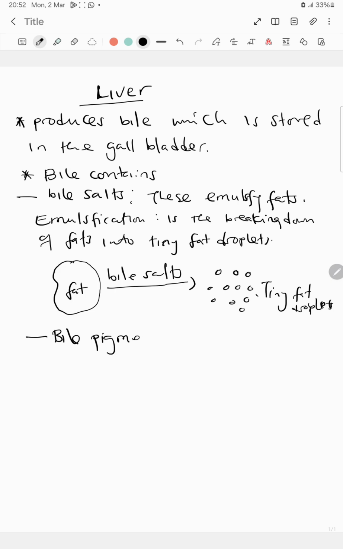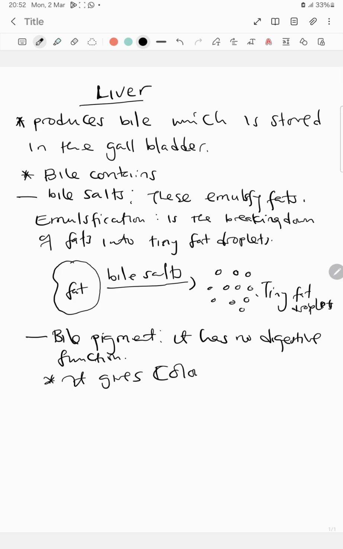Okay, so next we'll have bile pigment. When you talk about bile pigment, it has no digestive function, but we can just say that it gives color to fecal matter, or if you like, feces.